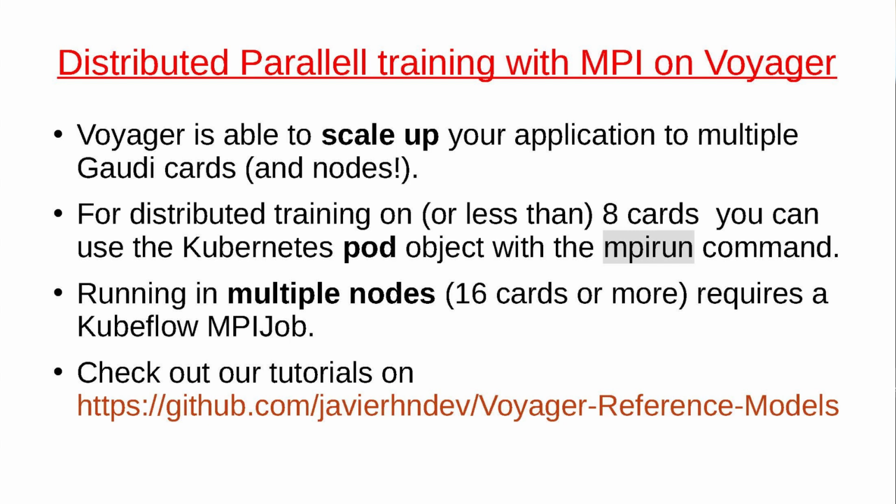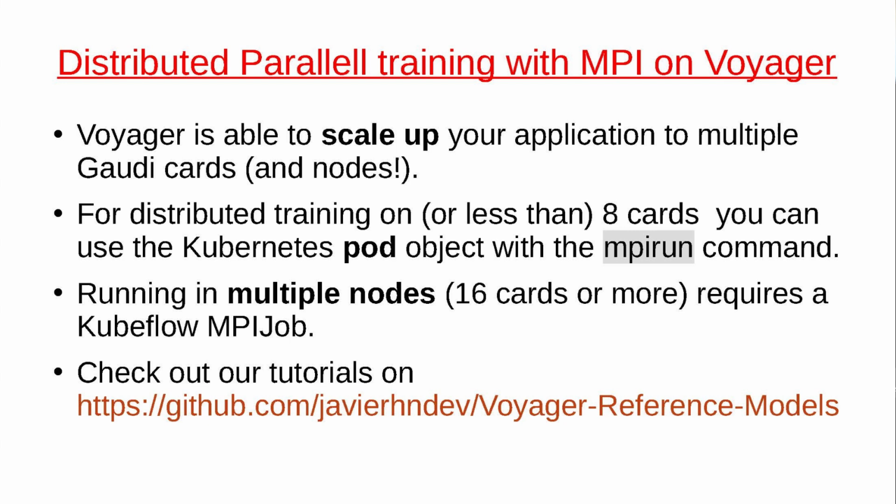We have some tutorials again in our repo. Please, if you're interested, take a look. And as I said, that was for 8 cards. If you want to run in multiple nodes, you can also do that in Voyager. So you can run in 16 cards or more. But if you want to do this, you need a different object.